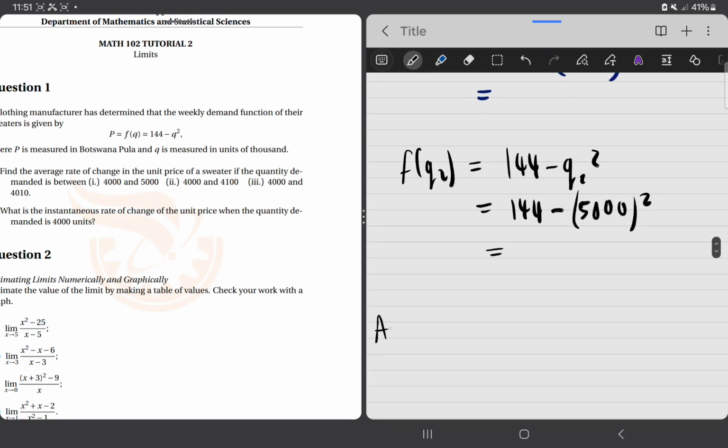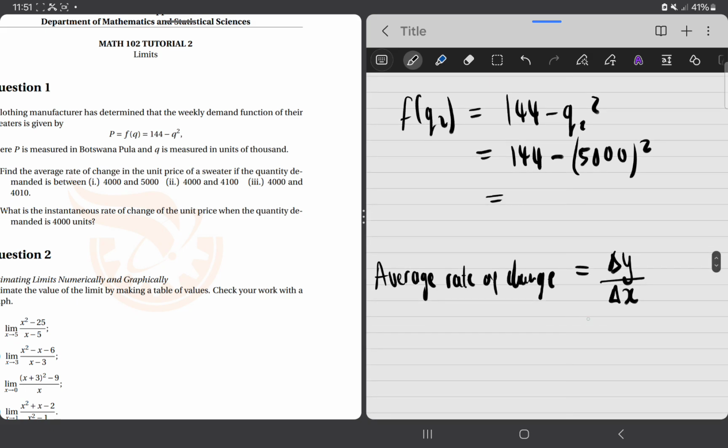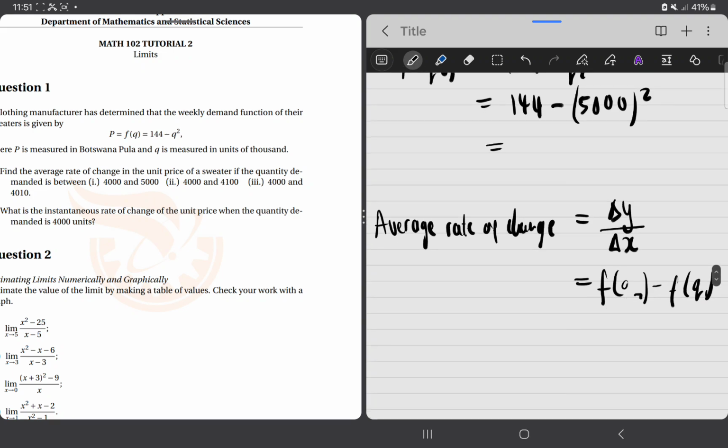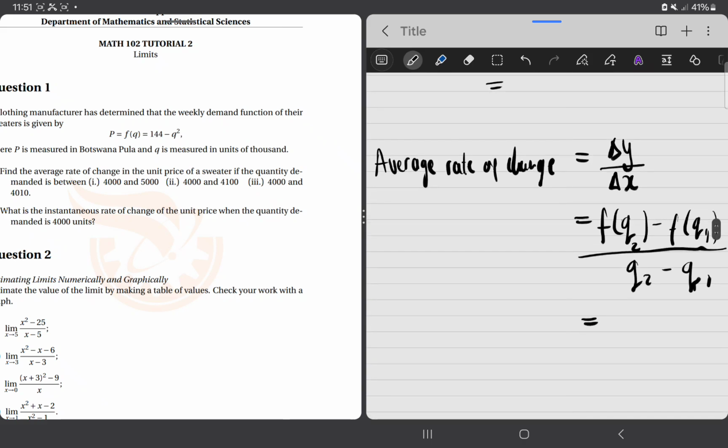Then once I have it, the average rate of change is equal to change in y over change in x, which is going to be f of q2 minus f of q1, all divided by q2 minus q1. f of q2 is the y2, right?